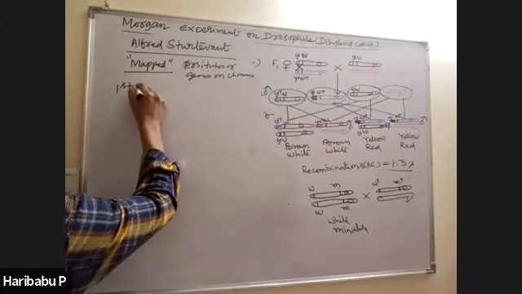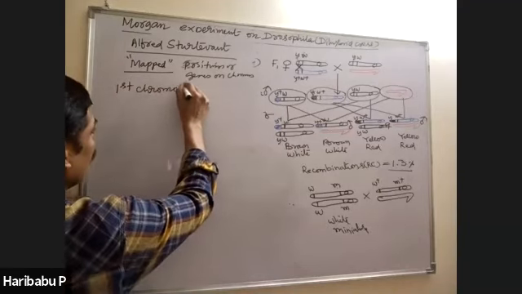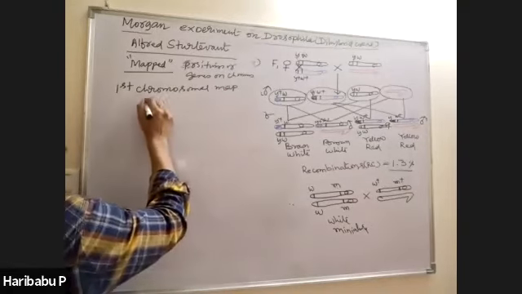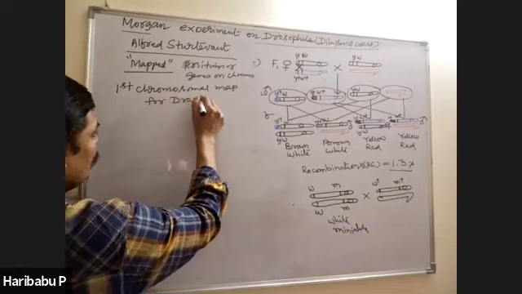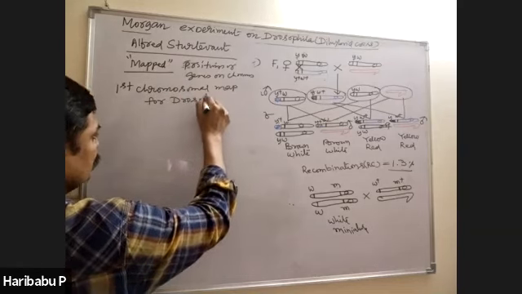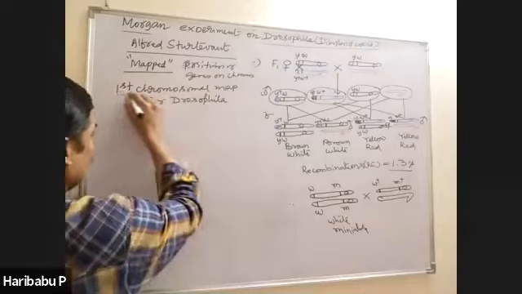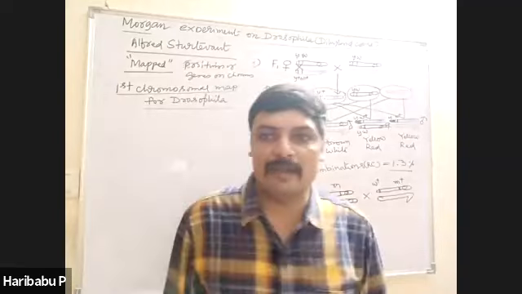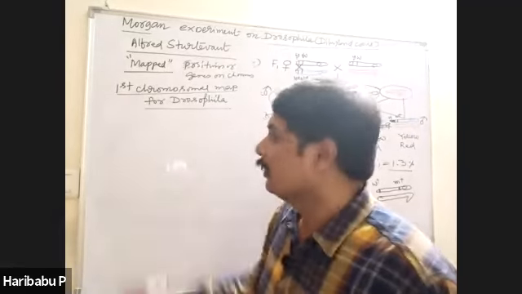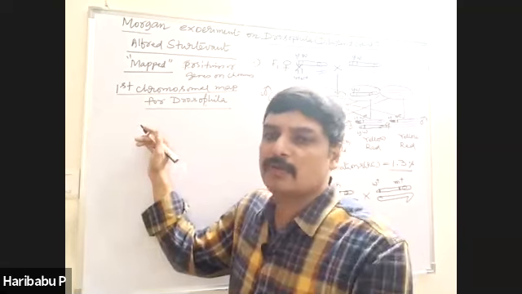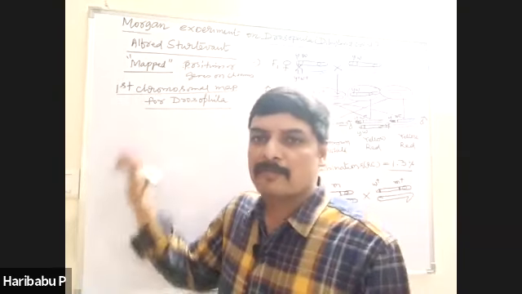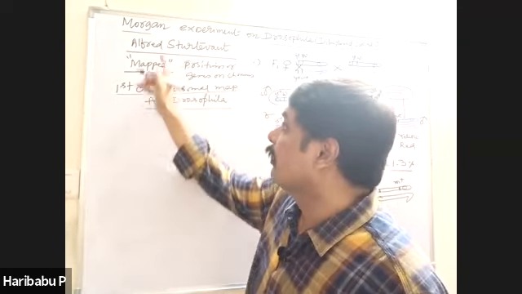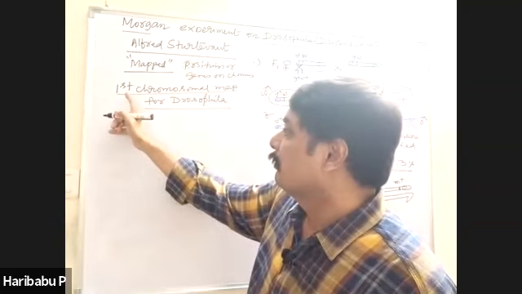Who constructed the first chromosomal map for Drosophila? Alfred Sturtevant, a student of Morgan. Later, several scientists constructed chromosomal maps for different types of plants and animals. But the first map was constructed by Alfred Sturtevant for Drosophila.